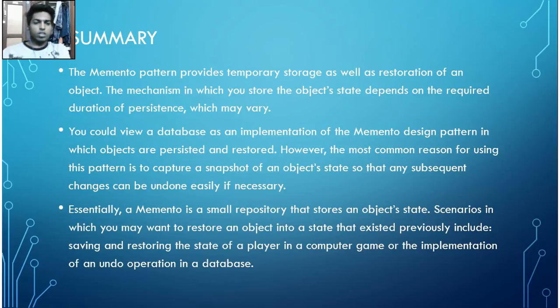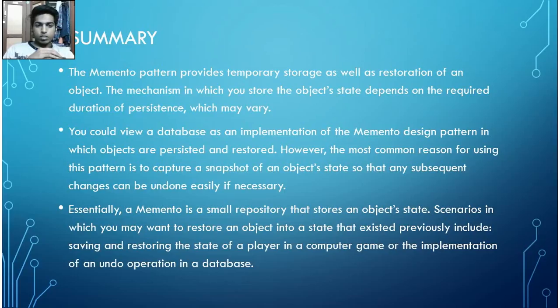It varies in different scenarios. Maybe when the next successful state occurs you change the previously stored state, and otherwise sometimes you can even explicitly force a particular state to be stored.